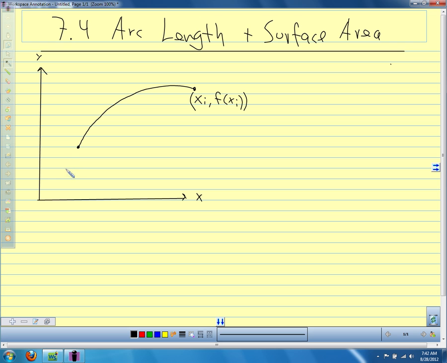So this is x sub i minus 1 and f of x sub i minus 1 at this point down here. I'll call this point P sub i and this point P sub i minus 1. And my graph, my function, is just y equals f of x, some function.